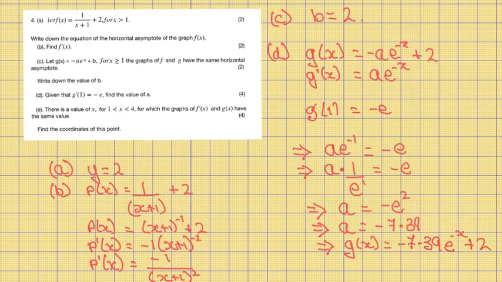Part E. There is a value of x, for x between 1 and 4, for which the graphs of f dash of x and g dash of x have the same value. Find the coordinates of this point. In order to do this, use your calculator, draw the graphs of f dash of x and g dash of x between the values of x is 1 and 4, and find any intersection points.